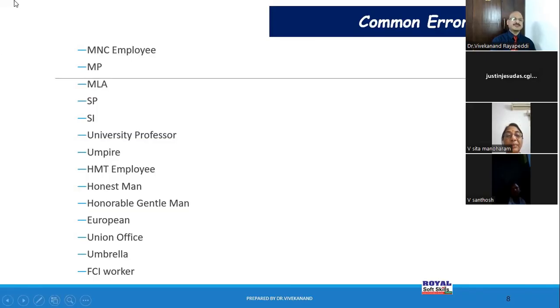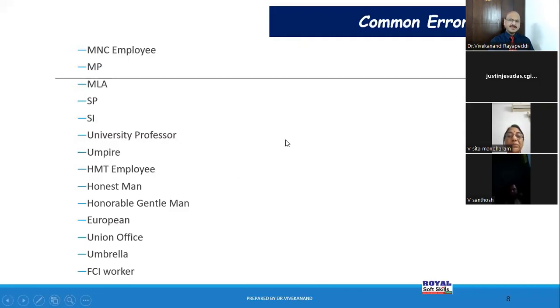For example, MNC, the first one. An MNC employee. But if you expand it to the full form, it should be a multinational company employee, because the first sound is ma. So a multinational company employee, an MNC employee. In the same way, the last one, an FCI worker, a Food Corporation of India worker.